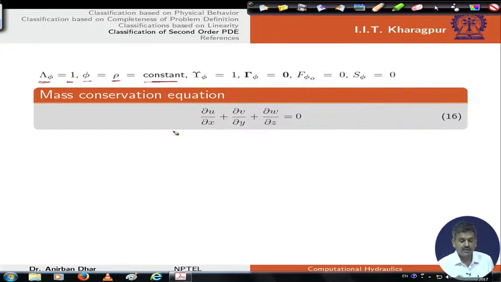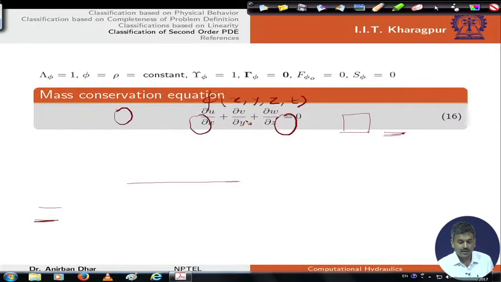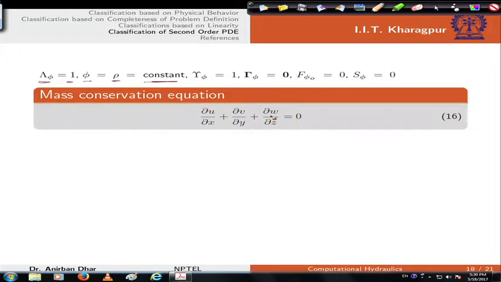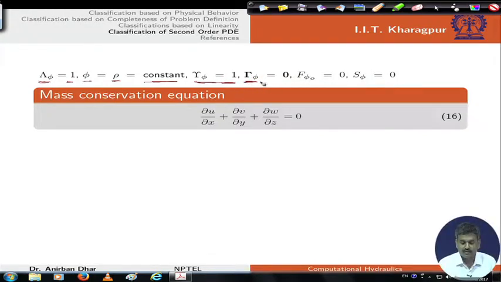So, obviously the temporal term in the left hand side is not present. Epsilon again is 1, and the dispersion coefficient tensor again has 0 values.